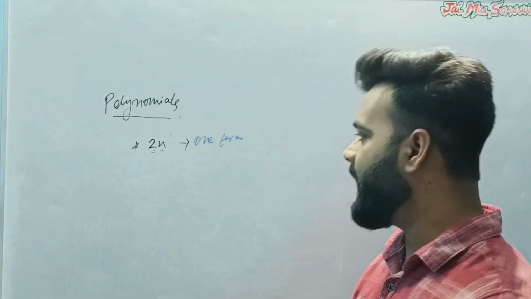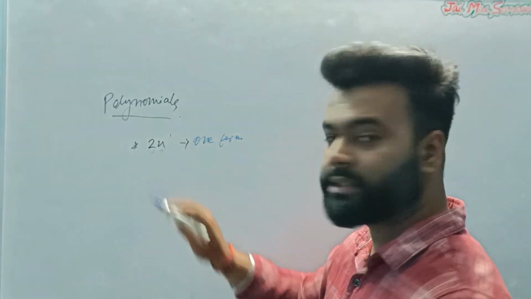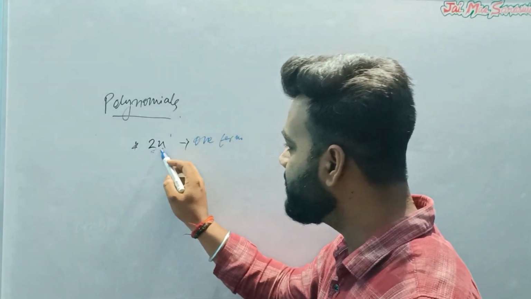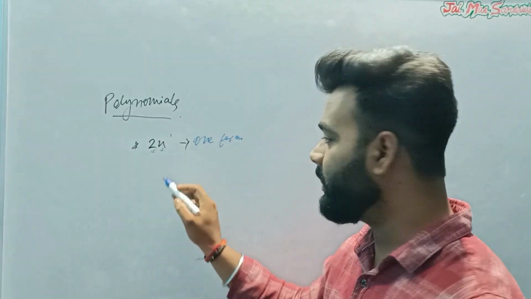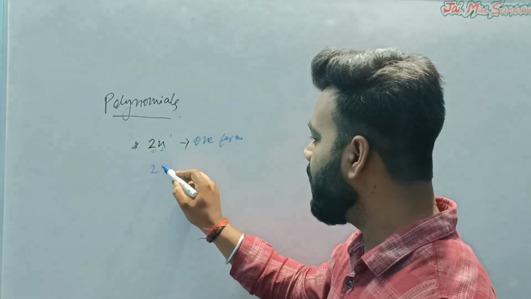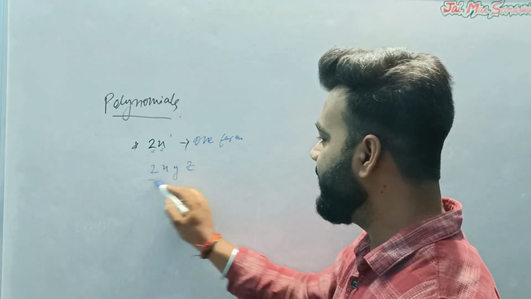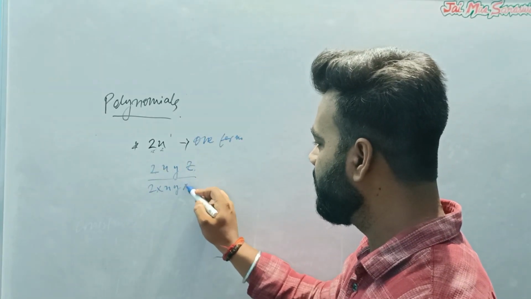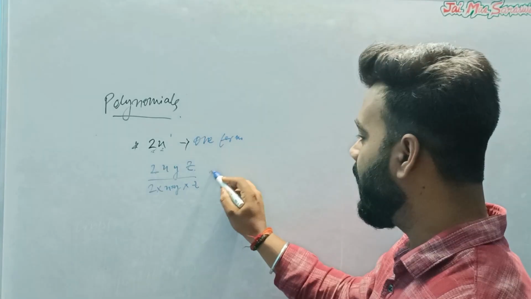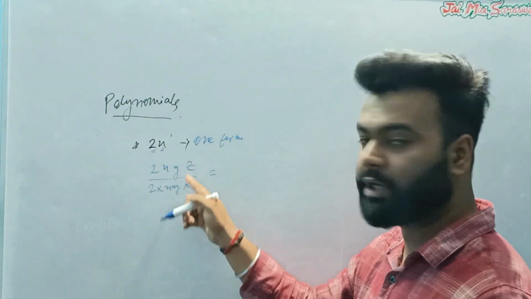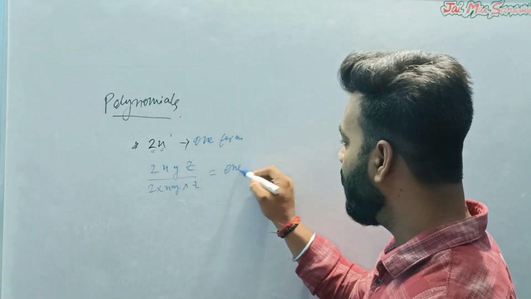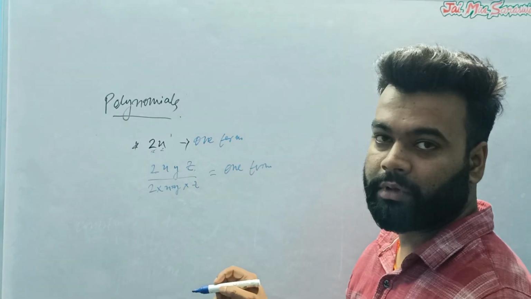You have to understand that it doesn't matter how many numbers there are. The only thing you should remember is that unless and until there are signs of multiplication between them, it will be considered as one term.